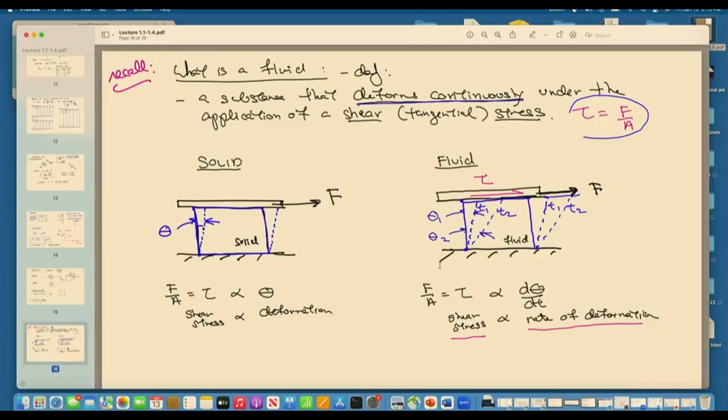The bottom line was that a shear stress in the fluid, at the interface or within the fluid body, is proportional to the rate of deformation. Not the deformation as in a solid, but proportional to the rate of deformation since it continuously deforms. So we're going to look at this a little further.